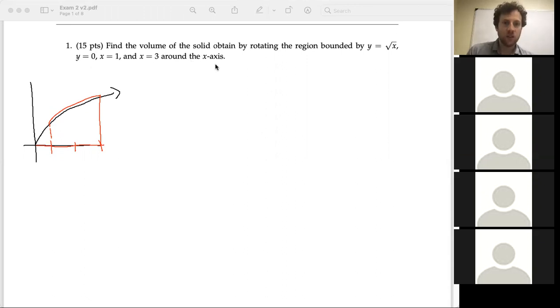In this case, we're going around the x-axis, and we're always integrating along the axis. So this direction, moving horizontally, says this is going to be a dx integral. And since we're moving along in the x direction, we're going from the left edge of our region to the right edge of our region, and we don't need to do any extra work for those. Those are the x equals 1 and 3 that were given.